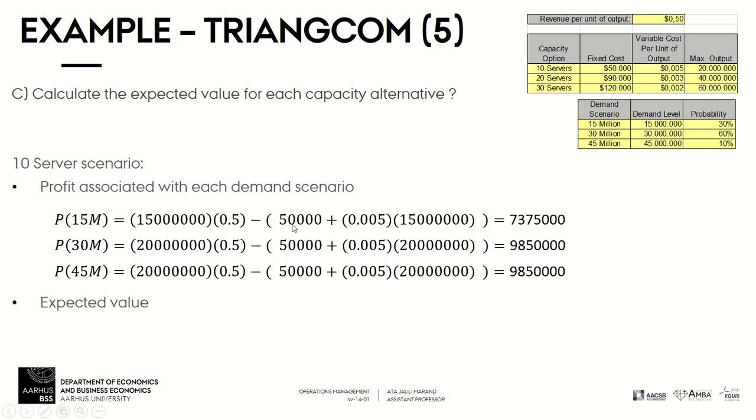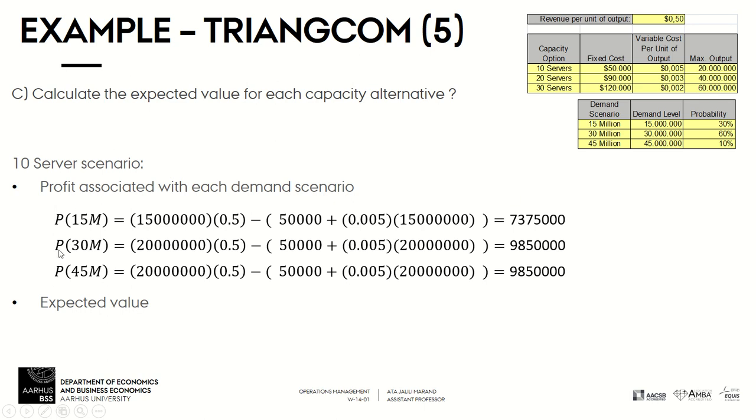So the total cost for the first scenario, we have a fixed cost equal to 50,000, and then plus the variable cost, and in this demand scenario the X, or the business activity level, is 15 millions multiplied by the variable cost that you can see here, 0.005, and then it will give us this number.